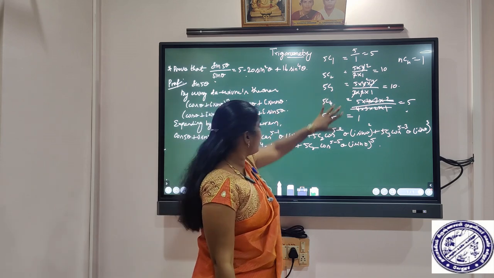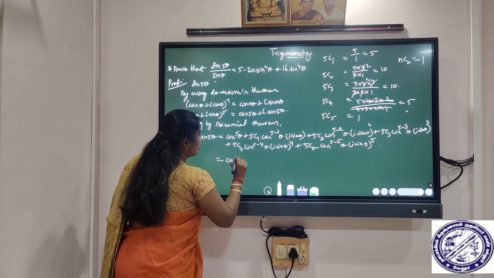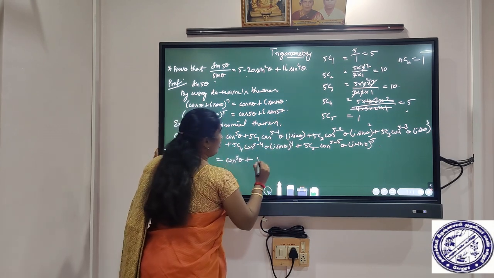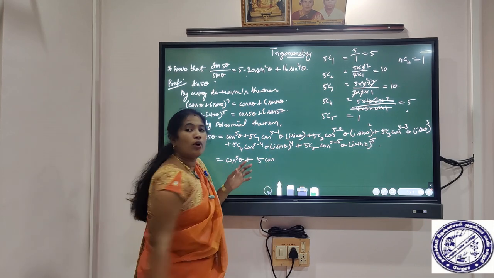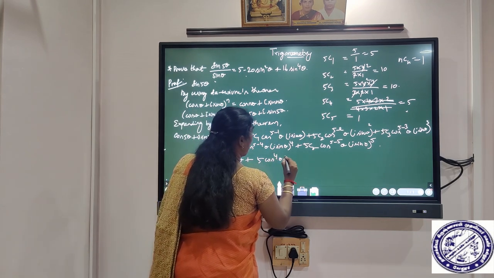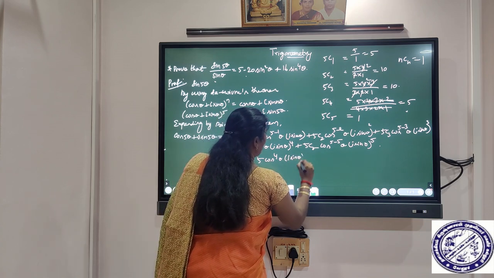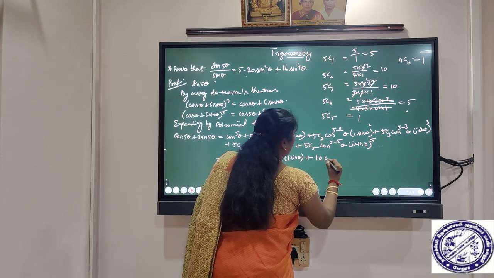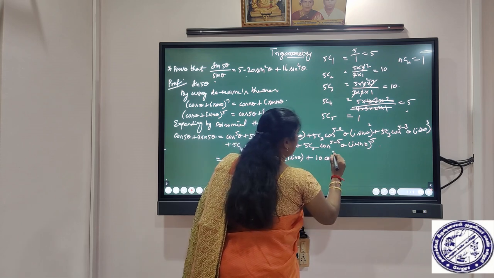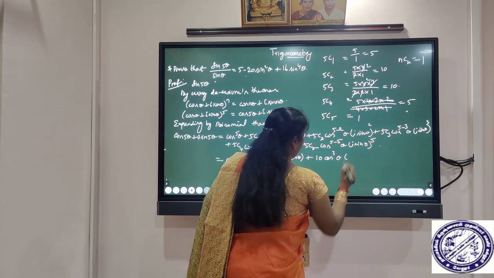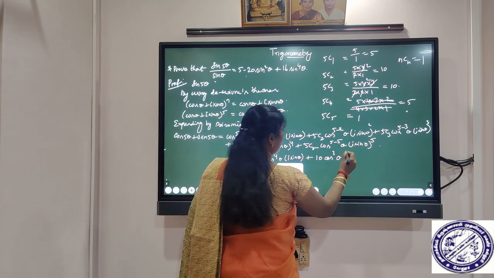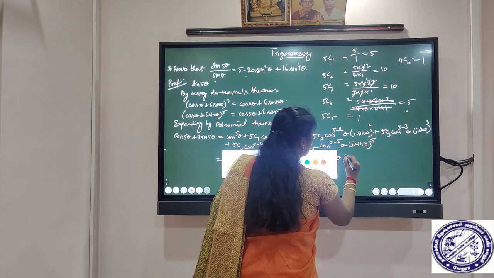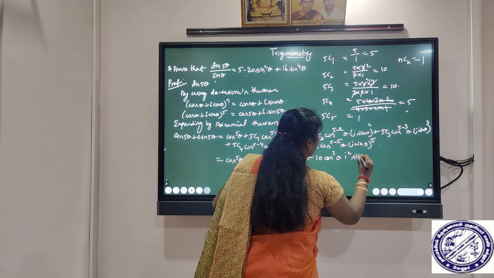Now we are going to substitute these answers in the steps. The first term is cos power 5 theta. Next, the 5C1 value is 5, so substitute here 5 cos power 5 minus 1, which is 4, theta into i sin theta. Third term, the 5C2 value is 10, cos power 5 minus 2 is 3, i square sin square theta.